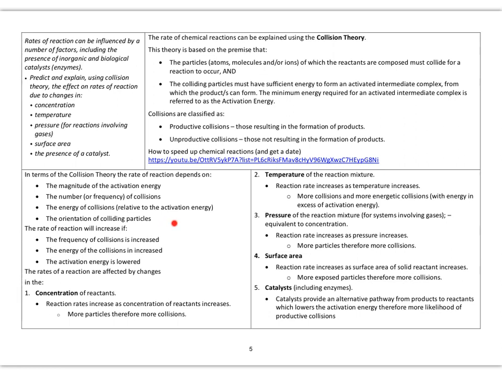Now the other thing that can affect them is the orientation of colliding particles. So particularly with bigger molecules, the collision will have to occur in a certain way or a certain shape, so the two things will have to collide with the two bits that need to react, if you like, coming into contact with each other to get some sort of change.